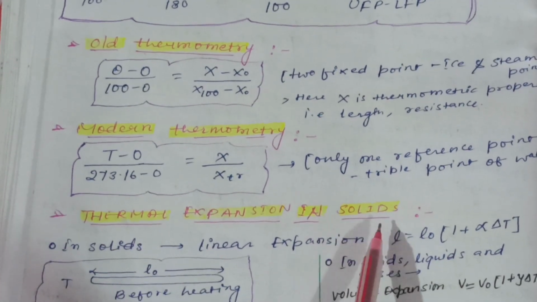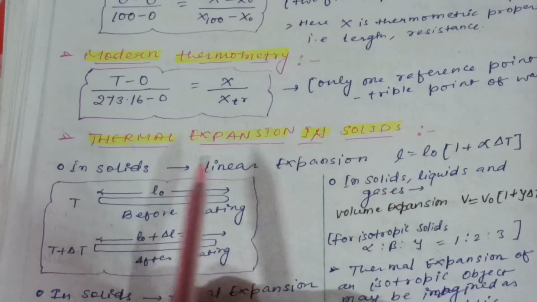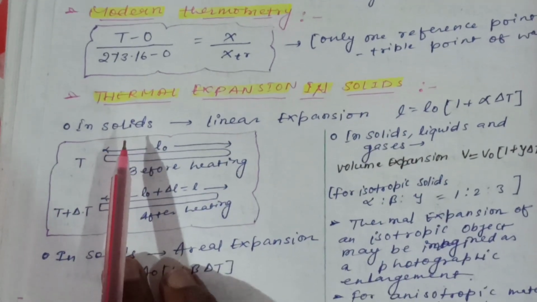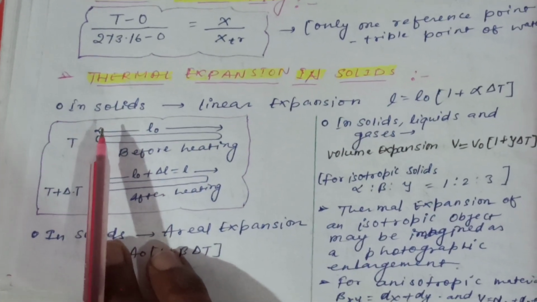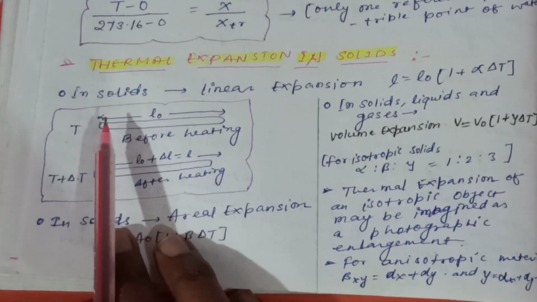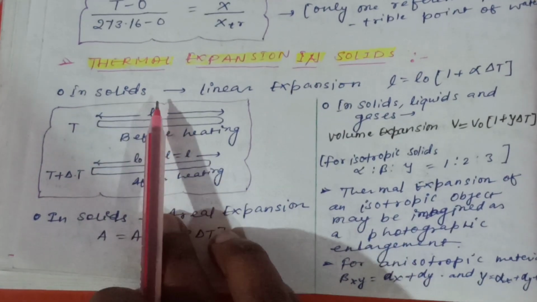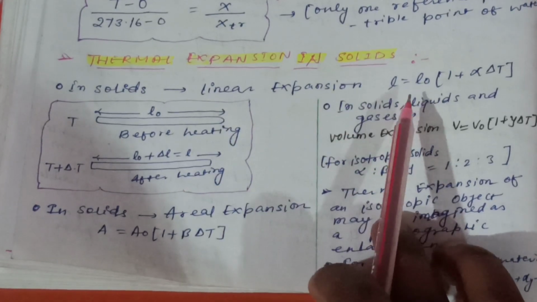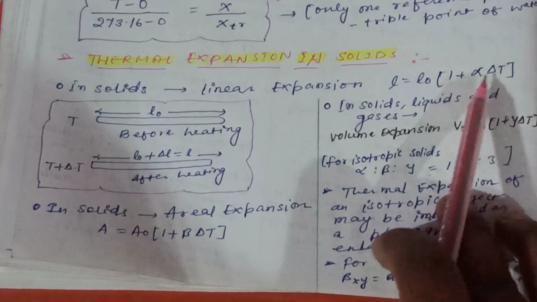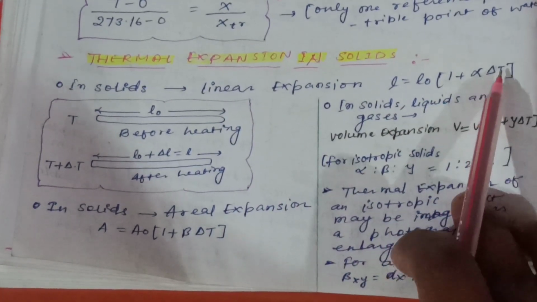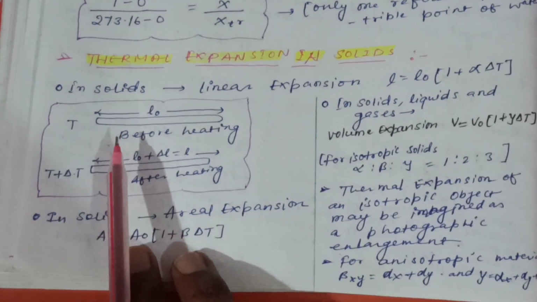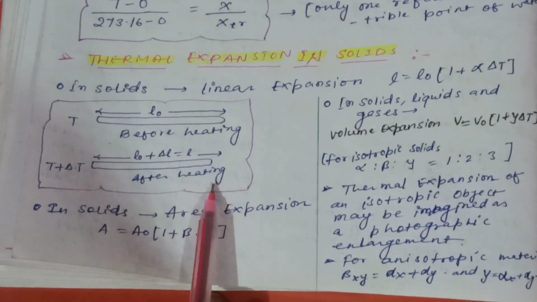Thermal expansion in solids. In solids, linear expansion: L is equal to L naught (1 plus alpha delta T), before heating, after heating.